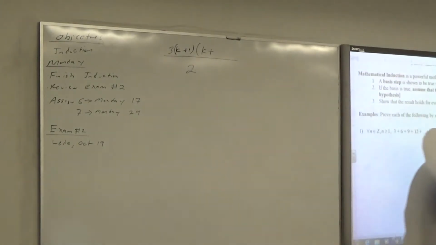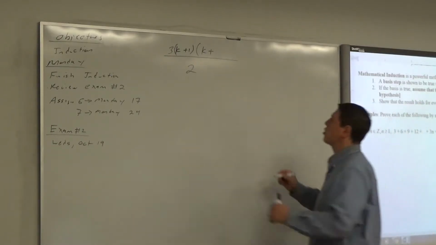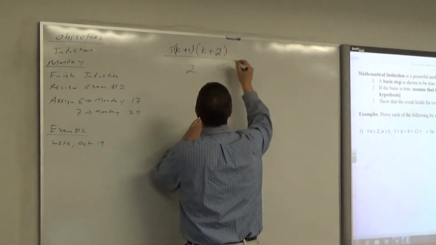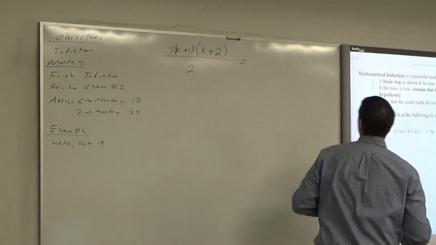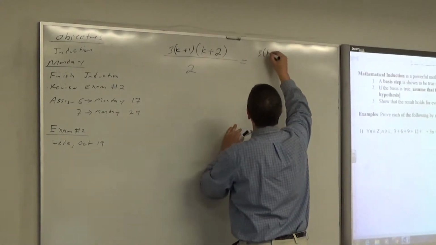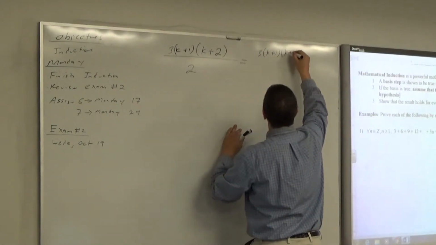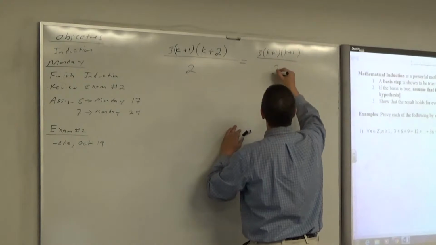If I was to factor out 3 k plus 1 from the second term, what are we left with there, guys? 2. Okay. If you don't trust me, just go ahead and FOIL it back out. And then on the right-hand side, we're looking for 3 k plus 1, k plus 2 divided by 2.